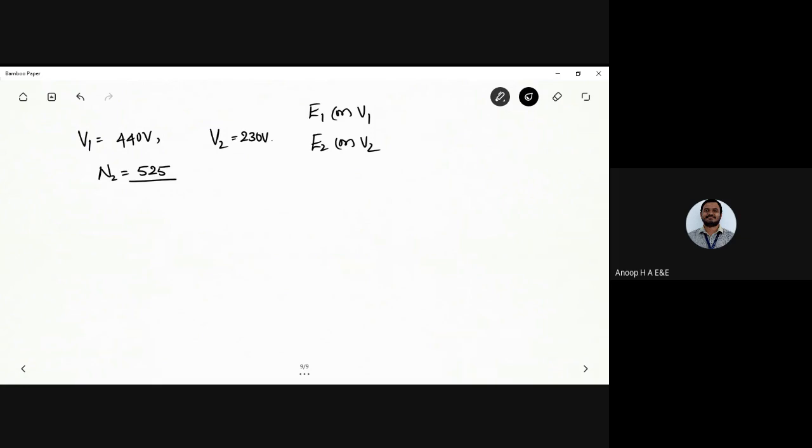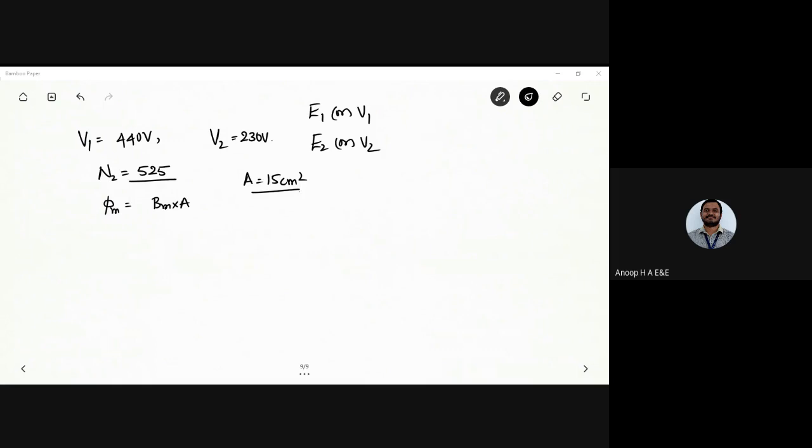Now I'll be getting the value of the flux phi m, which would be equal to Bm into A. I have A as 15 centimeters squared, which is the area of cross section.